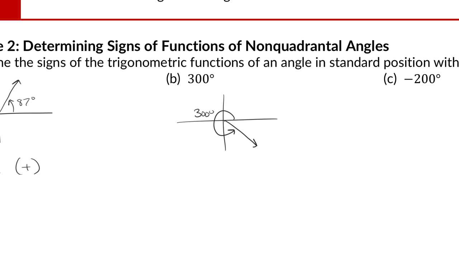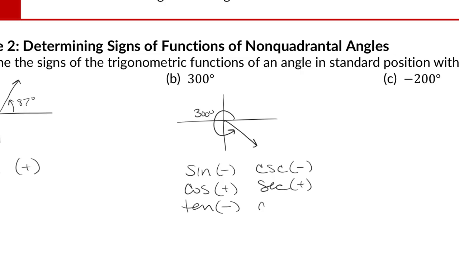And in that quadrant, what are the only 2 trig functions that are positive? Cosine and secant. So we would say that sine is negative, cosine is positive, tangent is negative, cosecant is negative, secant is positive, and cotangent is negative. The only 2 that are positive are cosine and its reciprocal.